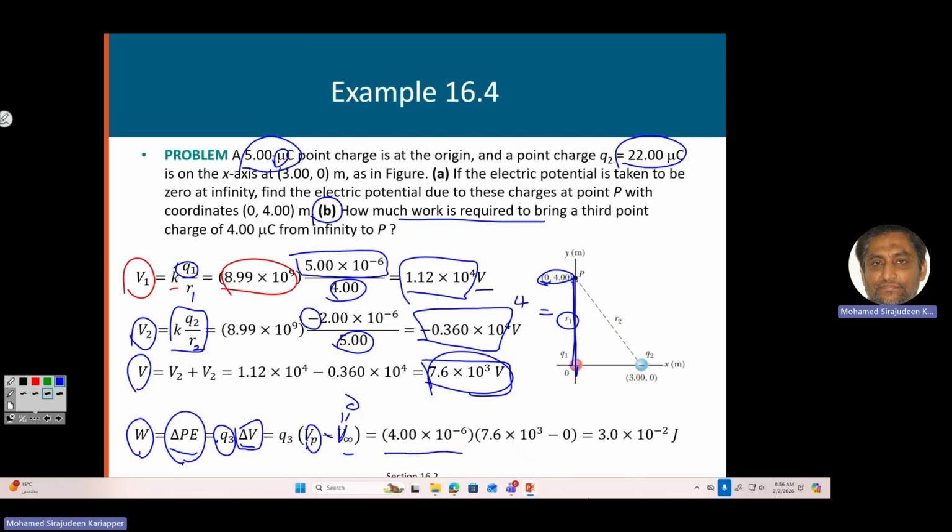Substitute for Q3, again with the sign. Here he doesn't tell me whether it is positive or negative, so since nothing is mentioned, you have to assume it is positive. And this is the potential when it is at the point P, and this is the potential when it was initially at infinite distance, and you get this answer for part B.